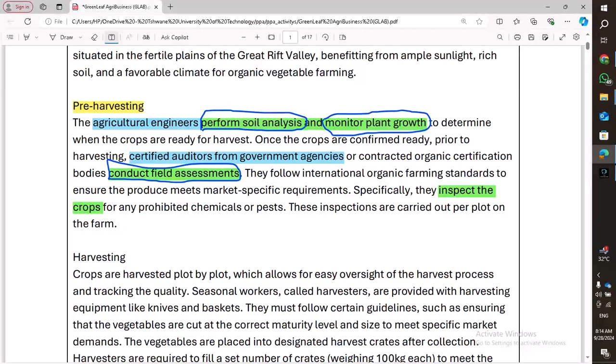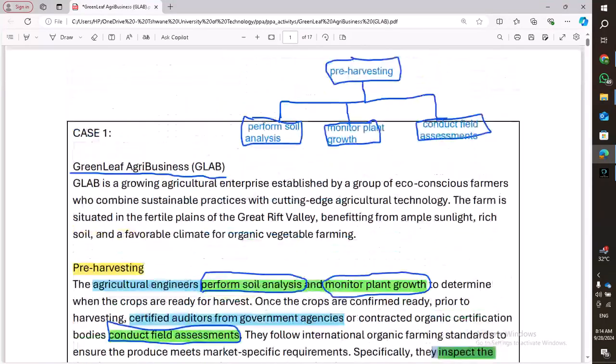This is very important to know. How do they conduct this assessment? Here we put it here and here.